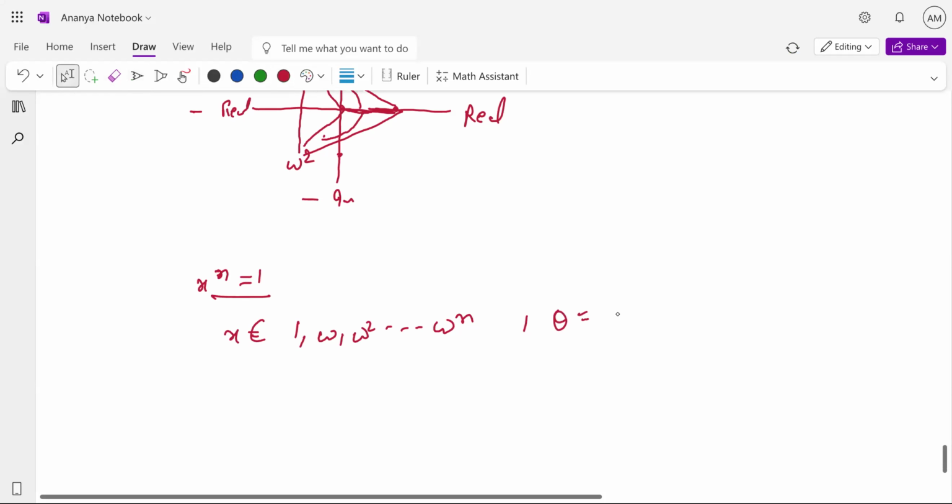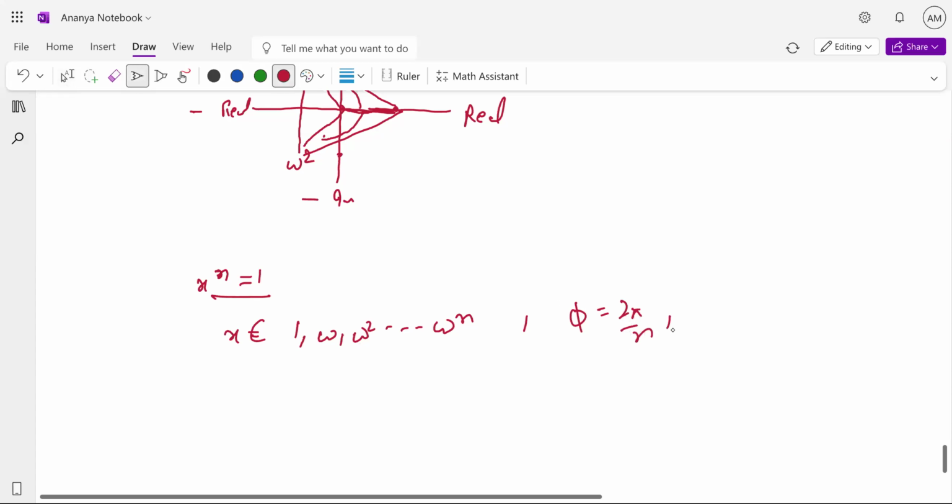Theta will be 2 times k of whatever it is, 2 pi by n. Actually it will not be like this. Let me write: phi should be 2 pi by n.